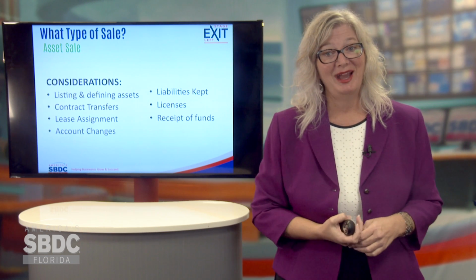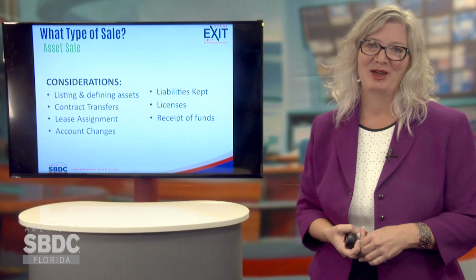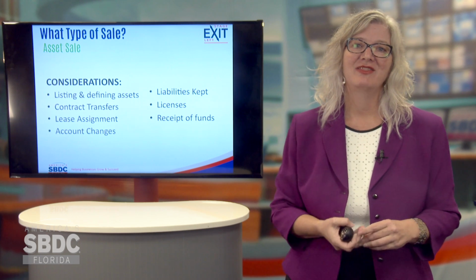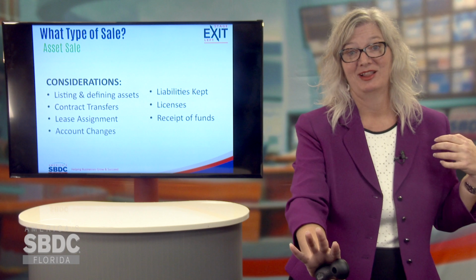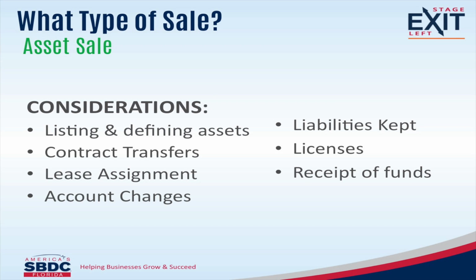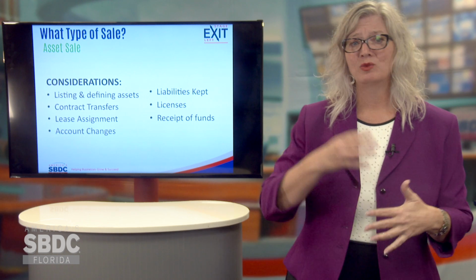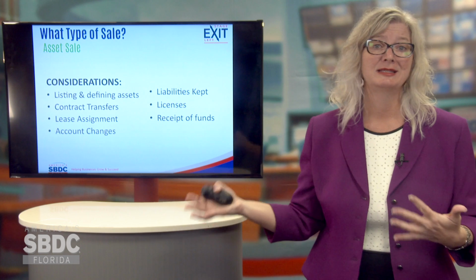One of the things that buyers particularly like about an asset sale is that they can take all the good out of the company and they can leave the bad with the seller. So if there's liabilities that have happened, and liabilities can be anything, use your imagination. It could be employees, it could be customers, it could be vendors, there could be disputes with anybody that arise months, years later.